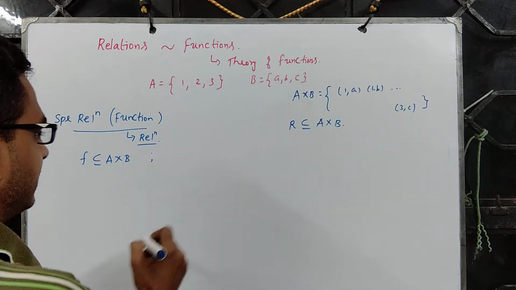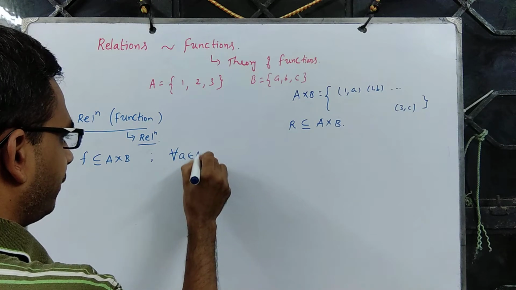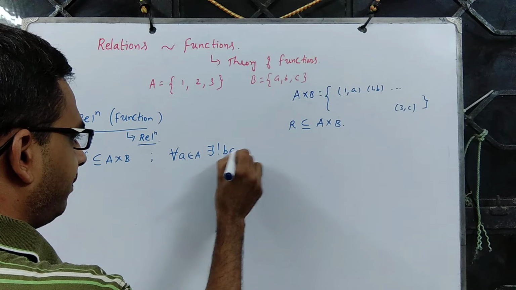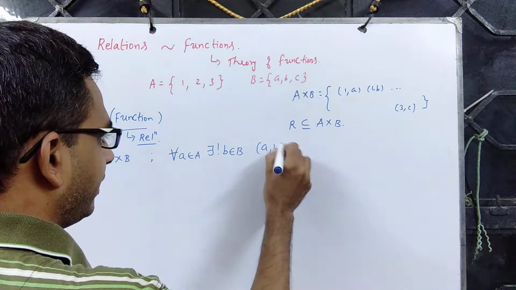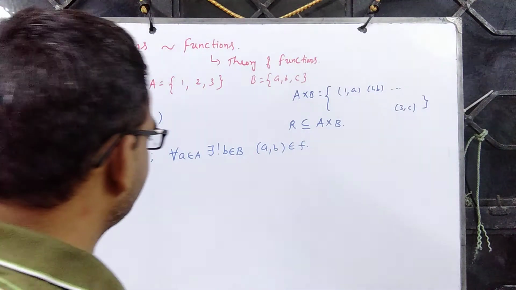The condition is that for all a belonging to capital A, there exists exactly one b in B such that a comma b belongs to the relation, which is f in this case.